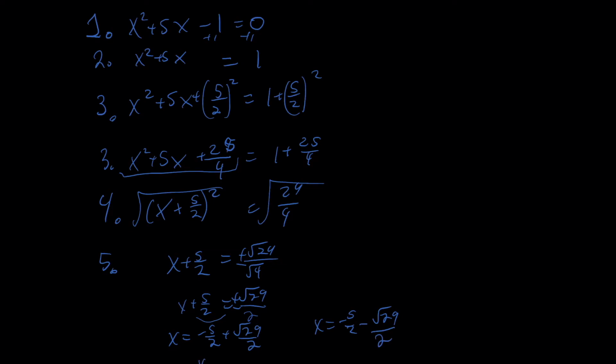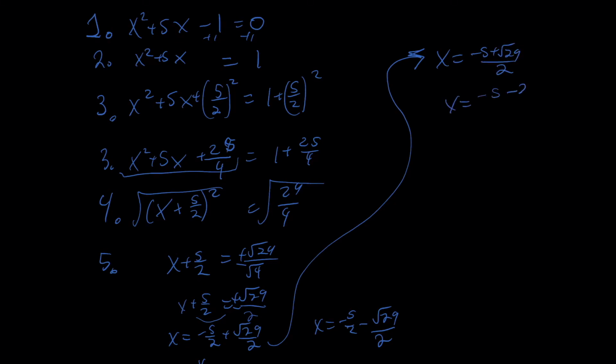I can rewrite these as x equals negative 5 plus square root of 29 over 2, and x equals negative 5 minus square root of 29 over 2. We can add these fractions because they have the same denominator.